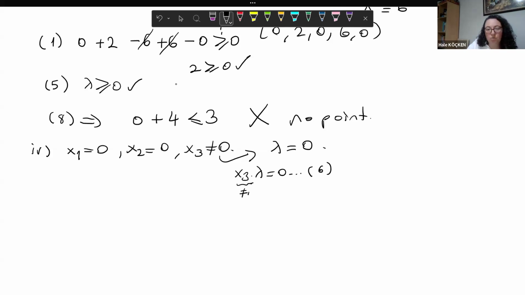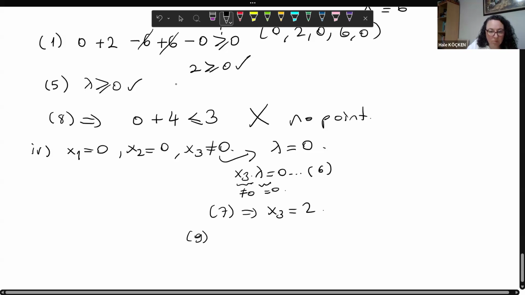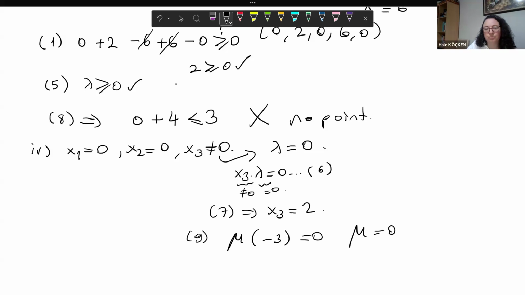If this is different from 0, this must be 0. From 7, I can write x3 is 2. From 9, mu times 0, 0 minus 3 is 0, then mu is 0.